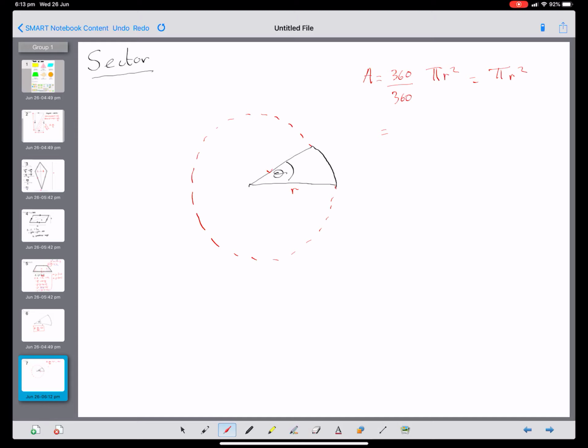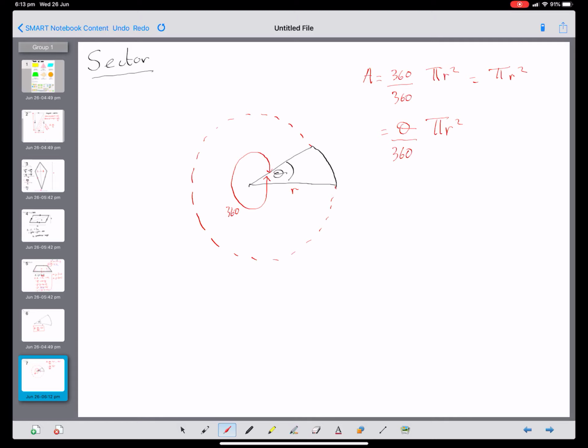Remember, if we measure from there all the way around to there, we're going to get an angle of 360. Now we have a fraction of that. We don't know what the fraction is. We're going to call it theta over 360. And we're going to multiply by pi r squared.